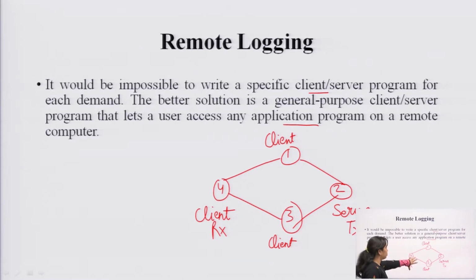So, this is the procedure of a client server program. It is not possible every time to write a specific client server program for each demand. So, the better solution is to use remote logging for the particular device which we want to operate or access. That is the introduction of remote logging.